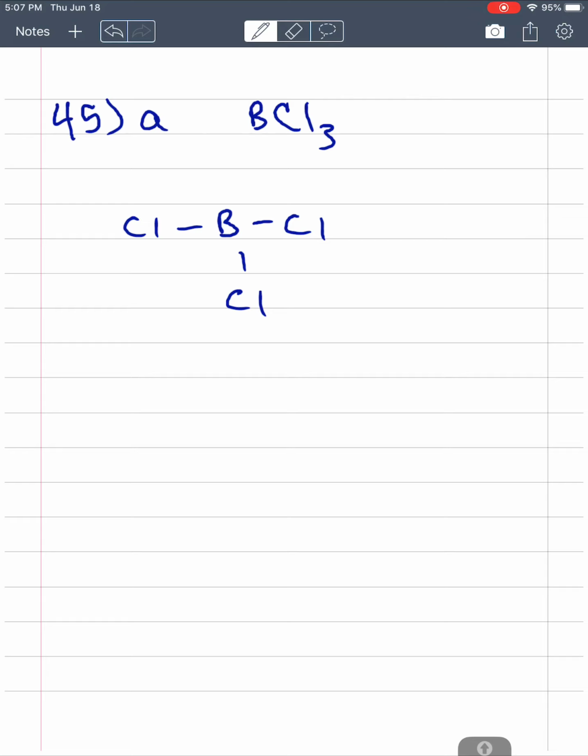So boron is in group 3, so it has 3 valence electrons. Chlorine is in group 7. There's 1 boron and 3 chlorine. So that's 3. This is 21, for a total of 24. We've used 6 in the bonds that we made. Leaves us 18.